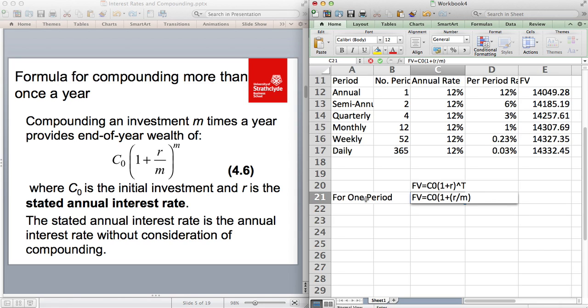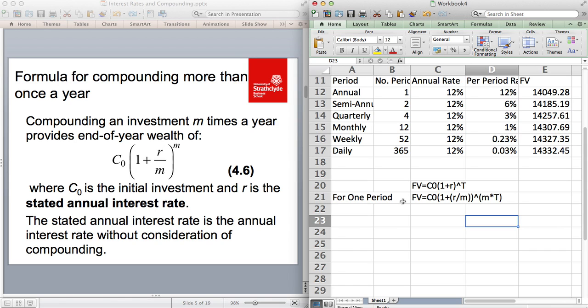So if it's weekly, that M is equal to 52, to the power M times 1. Why 1? Because we're only looking at it over one period. If we were to look at it over more than one period, let's just change that to T. So FV is equal to C naught times 1 plus R over M to the power M times T.